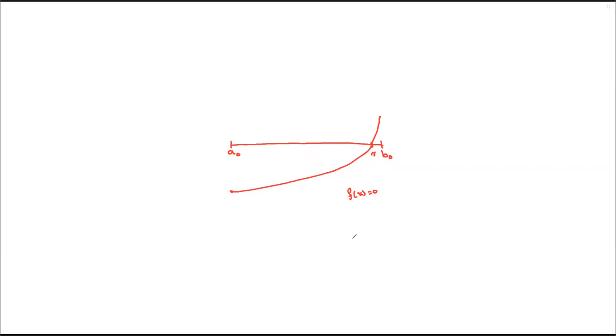Well, there is another way of defining the point by which we will be dividing our interval into two parts.